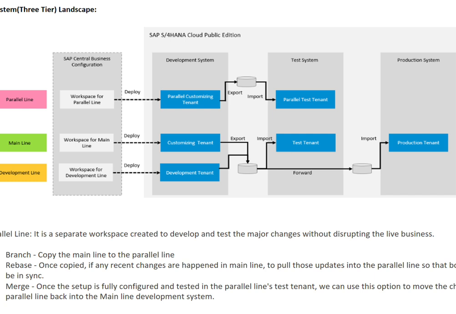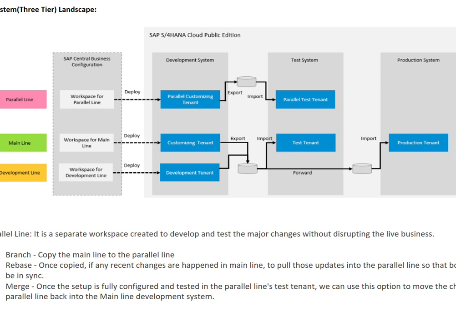But the actual testing data will be seen in the customizing tenant. So, simply put, any key user extensibility changes need to be done in the customizing tenant, and basic testing needs to be done in the customizing tenant.